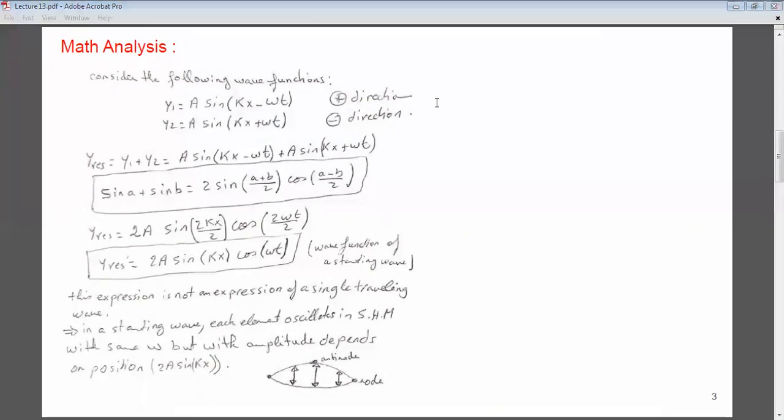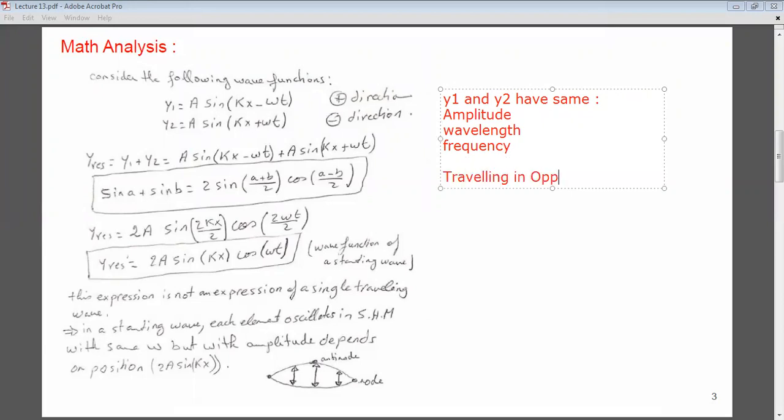Notice y1 and y2 have the same a, same amplitude, same k, that is same wavelength, and same omega, that is same frequency. The only difference is that they are traveling in opposite directions. One is going in the positive direction, one in the negative direction.